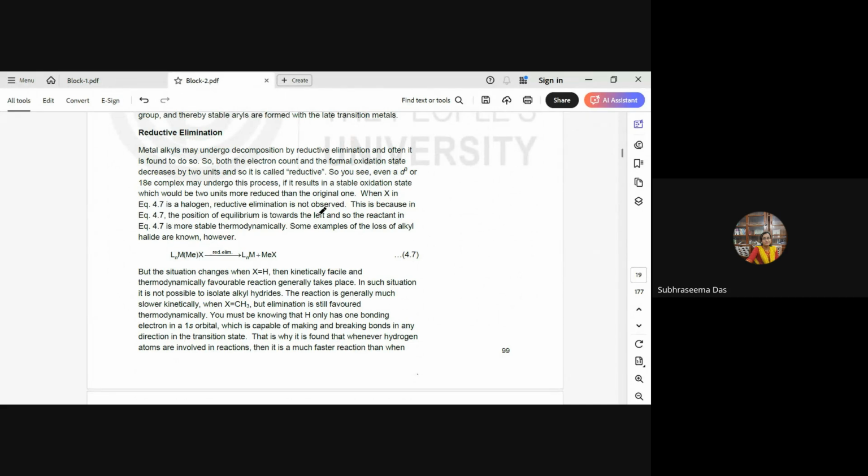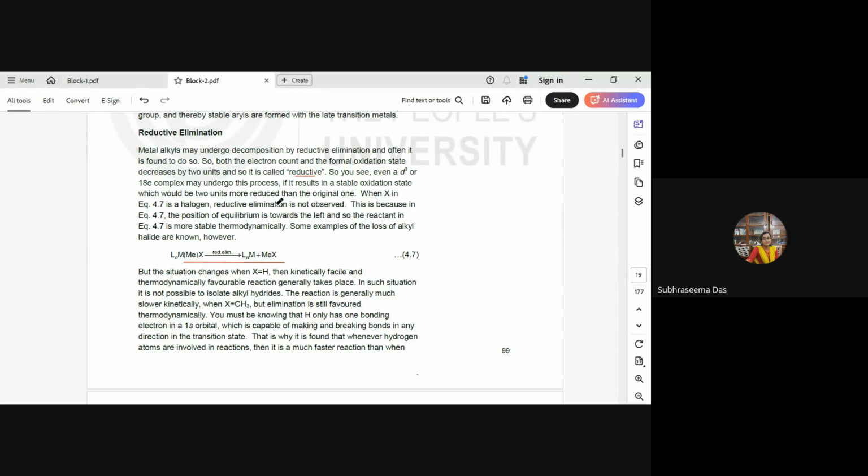Metal alkyls undergo reductive decomposition, or what we call reductive elimination, or both. So both the electron count and the formal oxidation state decrease by 2 units, and that is why it is called reductive. Now when X here in equation 4.7 is a halogen, then reductive elimination is not observed. Why?